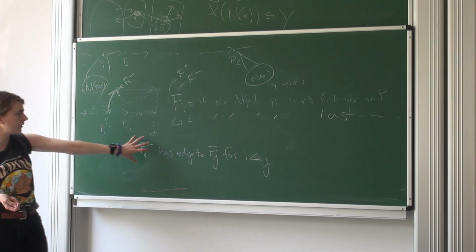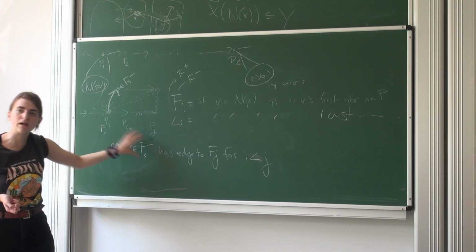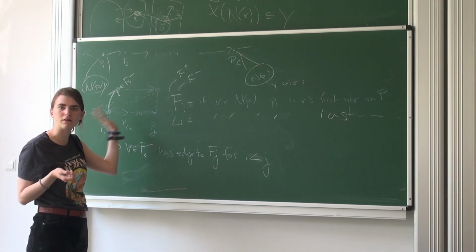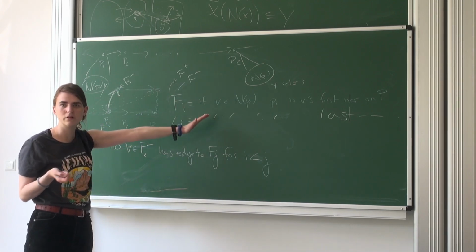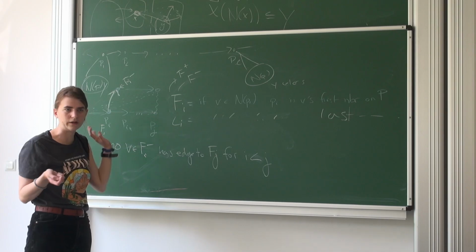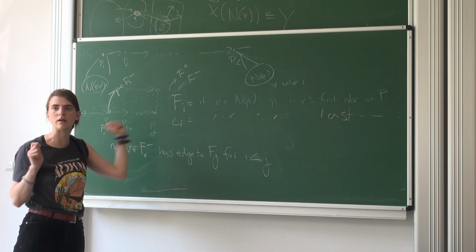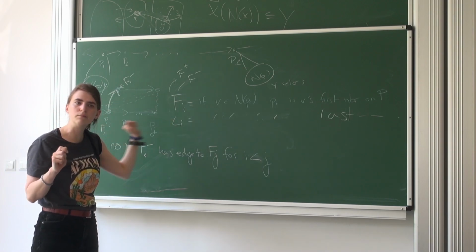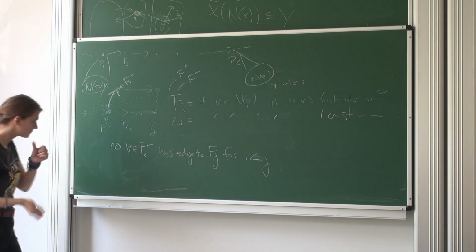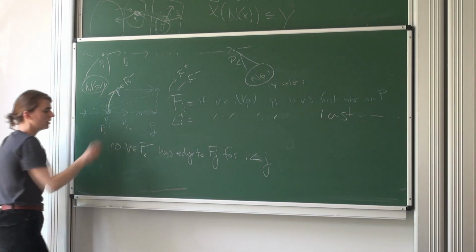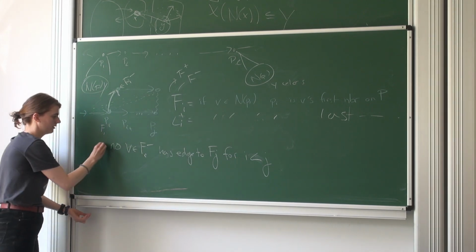And what that means is we can color all the fi minuses with the same palette of gamma colors, because there's never going to be a directed cycle contained in the fi minuses but going between multiple fi minuses. And we have a similar thing for li plus, it's just the complementary thing.